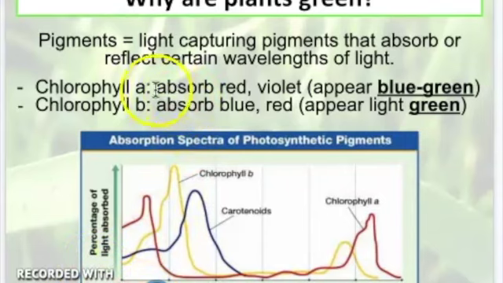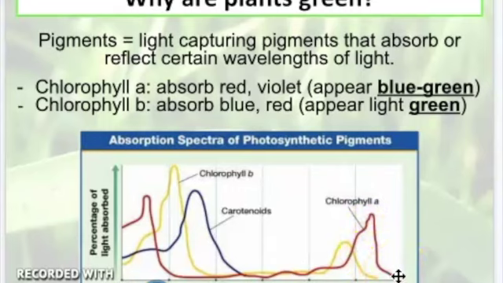If we look at chlorophyll A from this graph, we can see that a good amount of the violet wavelength is absorbed by chlorophyll A. And then if we follow along into our orange and red wavelengths, a high percentage of those are absorbed as well.